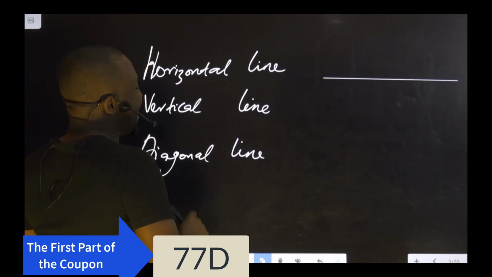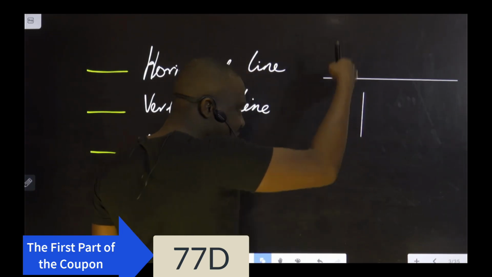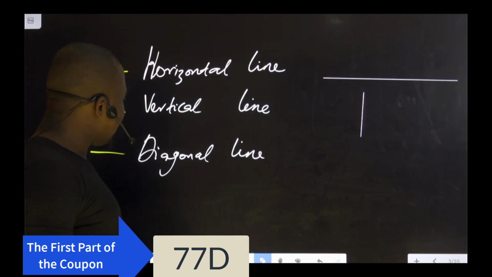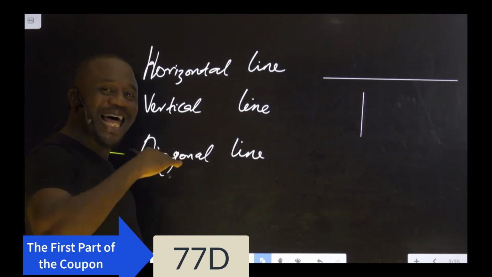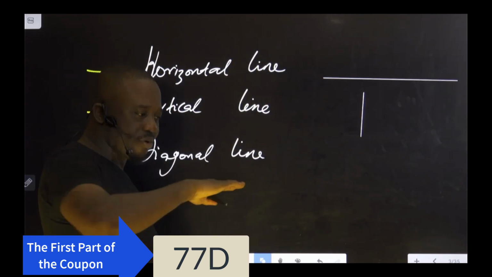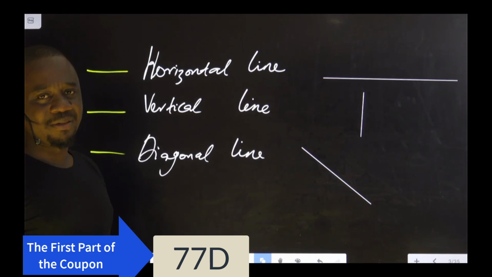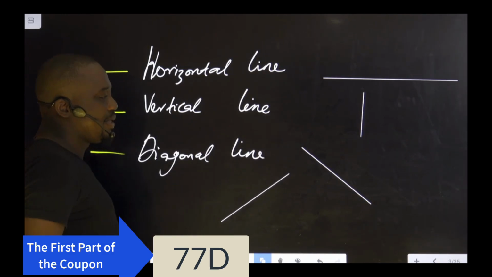If you have a line that moves from up to down, we say it's a vertical line. If a line is slanted, that is, it's not vertical, it's not horizontal, something like this, we say it's a diagonal line. Or like this, diagonal line.